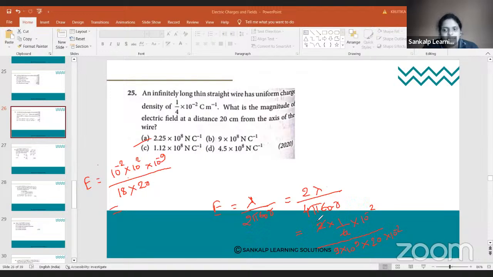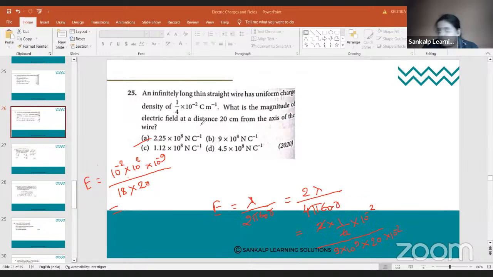I have multiplied and divided the equation by 2. When multiplied and divided by 2, in the numerator 2 into lambda comes, in the denominator 2 into the existing 2, so 2 into 2 is 4 pi, lambda.